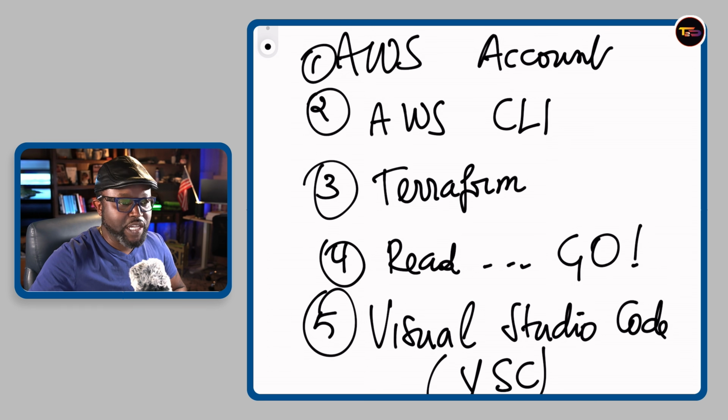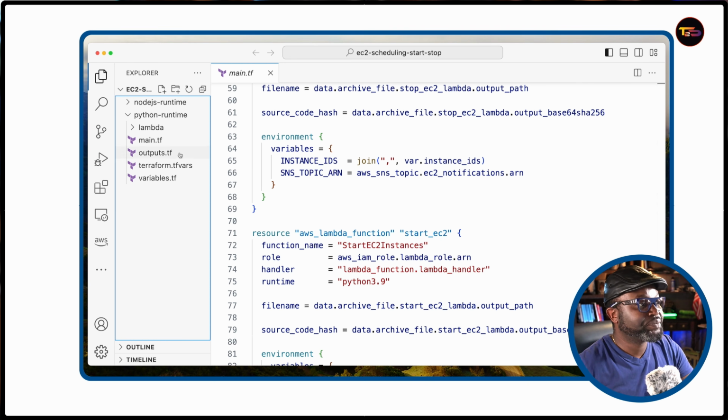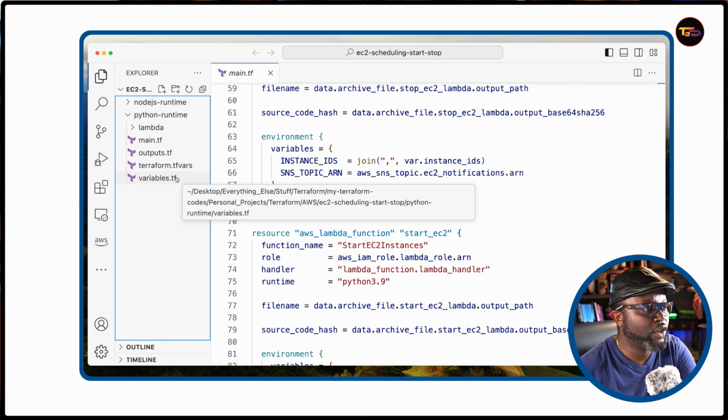This is what I use here. So you want to see here what you need to have on your system. And of course you can get all of these scripts from my GitHub repo.